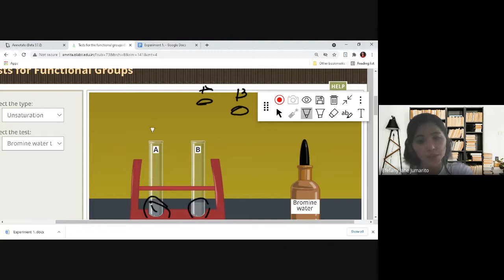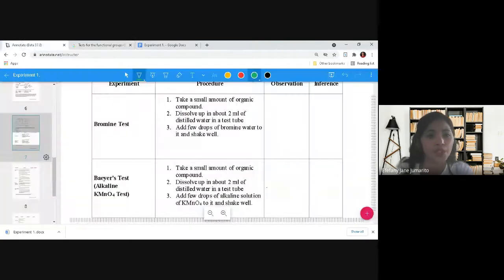That's why we label it with A. So it is in test tube A. Now we also have organic compound B. We did the same thing for B as we did for A. We took a little and then dissolved it with water up to 2 ml. Now, after dissolving that one, let's go to procedure 3.